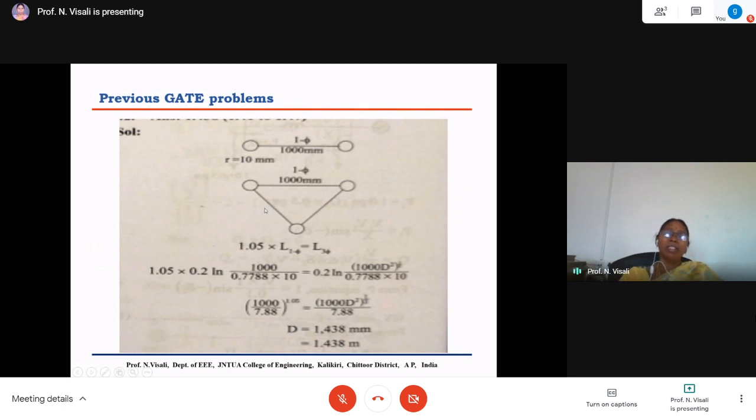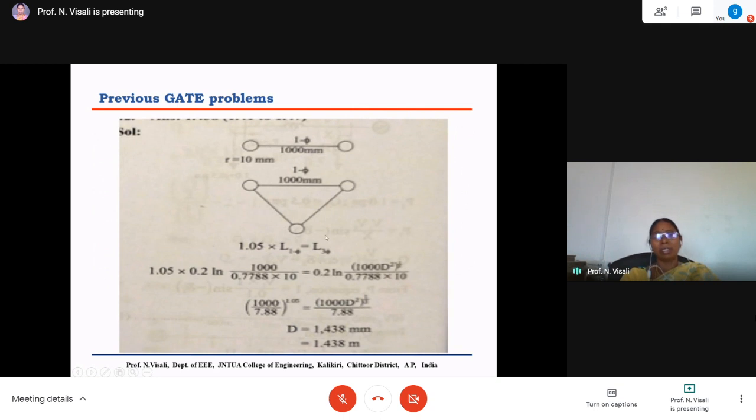For that, what is the hint they have given? When you calculate this inductance, that value is some value, and the inductance of the three phase line is 5% more than this value of inductance. 5% more means 100 plus 5, so 1.05 is the increase in inductance compared with the single phase.